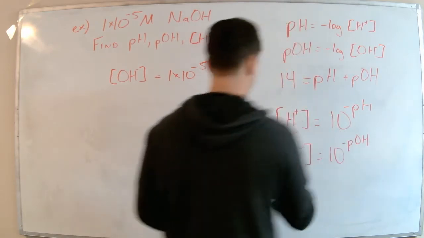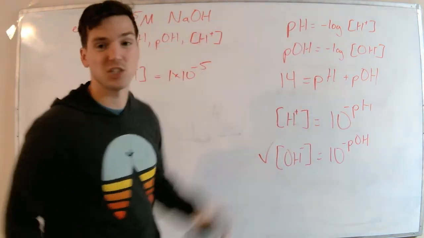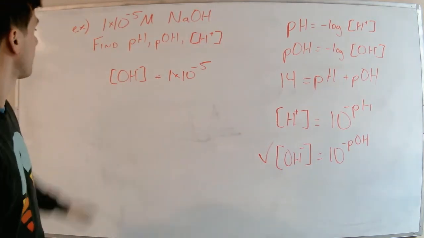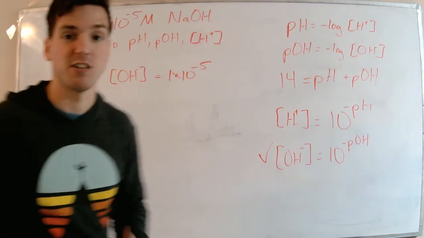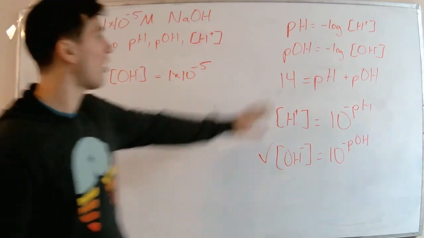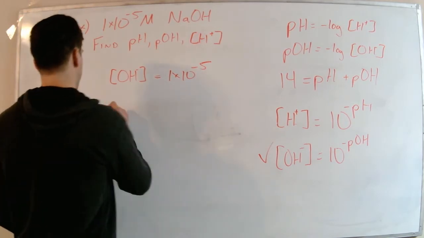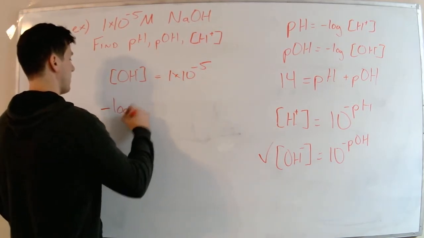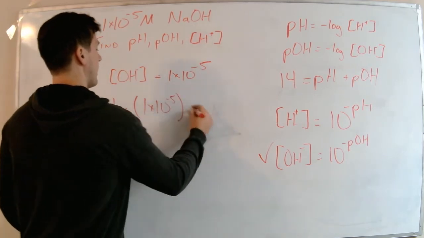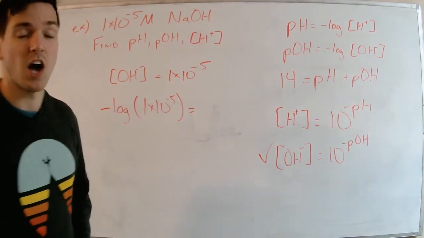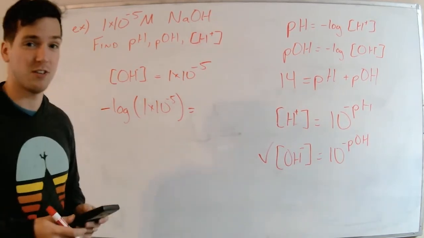So right now we have OH-, but we still need H+, pOH, and pH. If we have the concentration of base, we can find pOH pretty easily. All we have to do is take the negative log of the concentration of that base. So let's go ahead and do that. And that is going to give us our pOH, right? Because we started with a base, it is going to give us pOH.